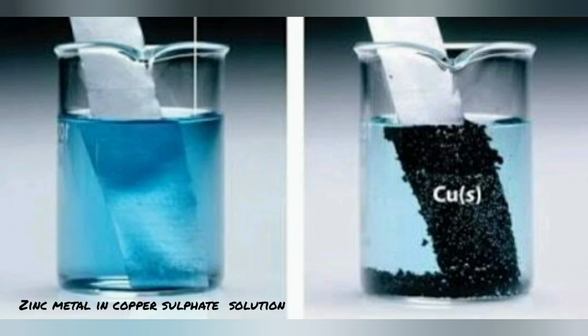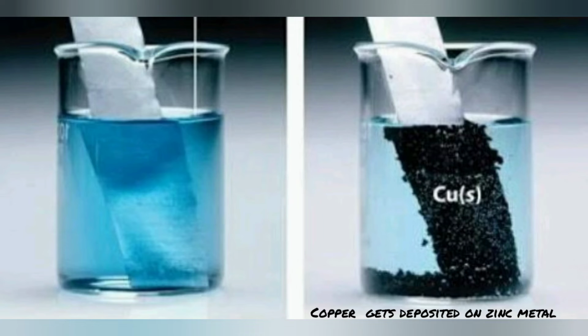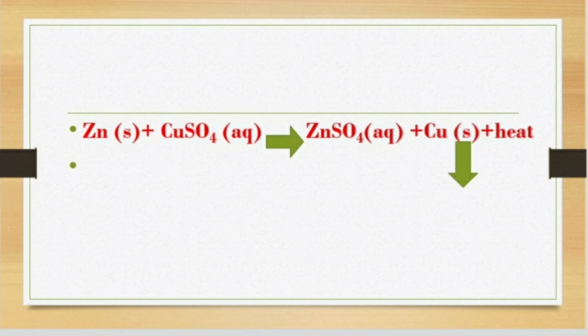Now let's see another experiment. When a zinc metal is added to the solution of copper sulfate, which is blue in color, zinc displaces copper to form zinc sulfate, which is a colorless solution, and copper gets deposited. In this reaction, zinc metal can easily displace the copper metal from its salt to form an aqueous solution of zinc sulfate.